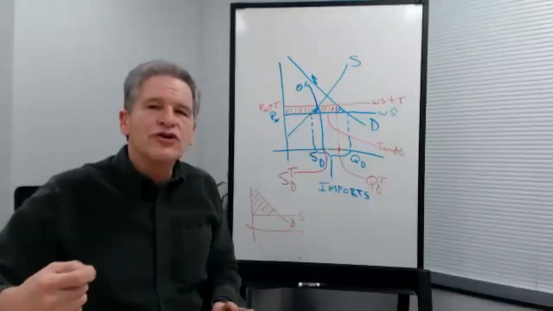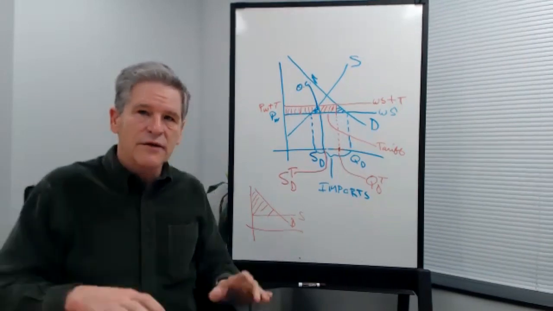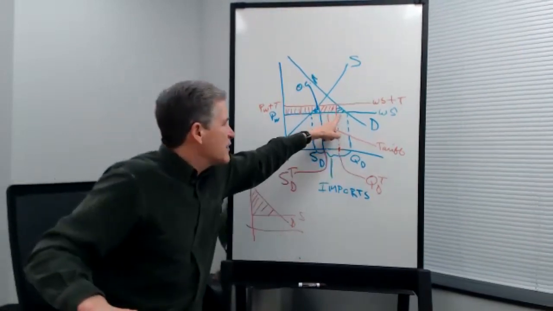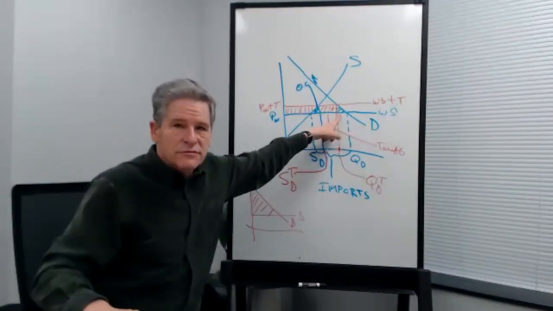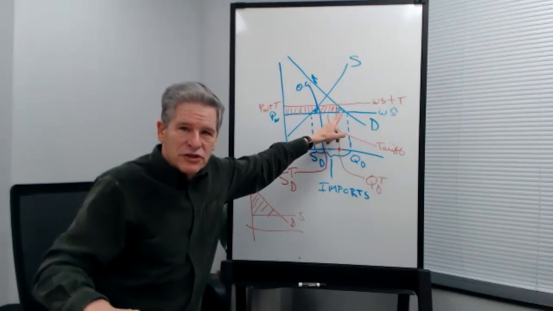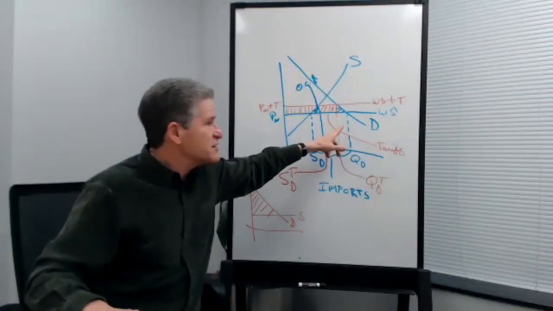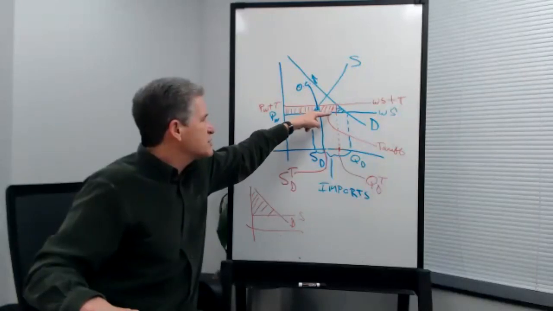So what did I do to figure it out? Okay, here's what I did. I said, those units aren't being produced. That's a deadweight loss. These units, consumers were buying before, they were getting surplus from them. And then I said, now this is money that is going to the tariff.